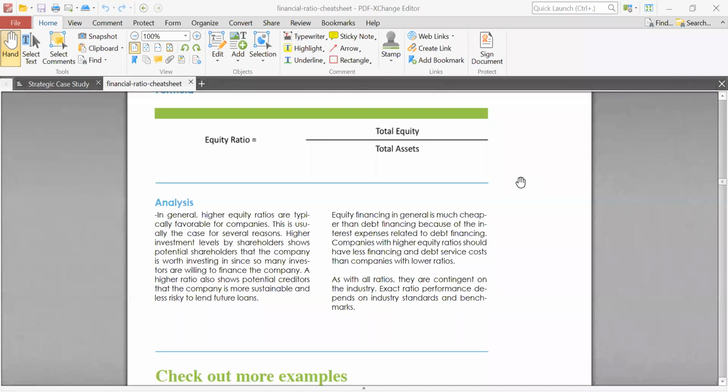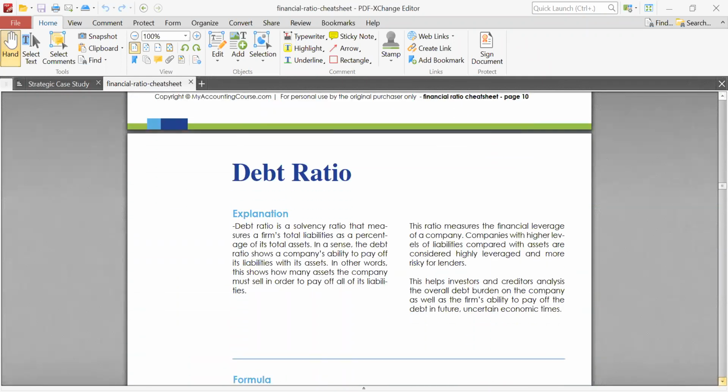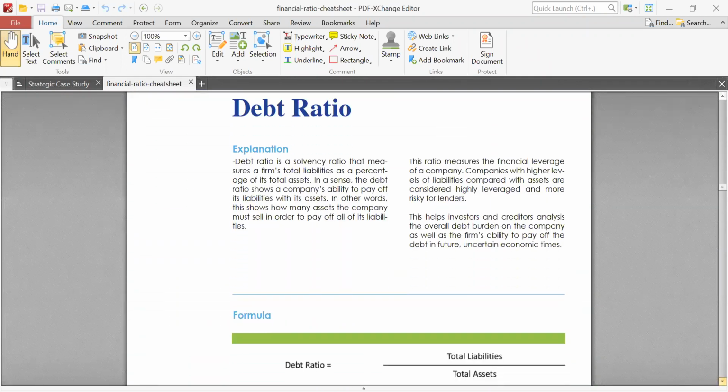You need money from the inside, or money from shareholders, to finance your business. So if you have a high equity ratio, that's a good sign. If your equity ratio is low, that's not a good sign. Okay. So we've talked about equity ratio.